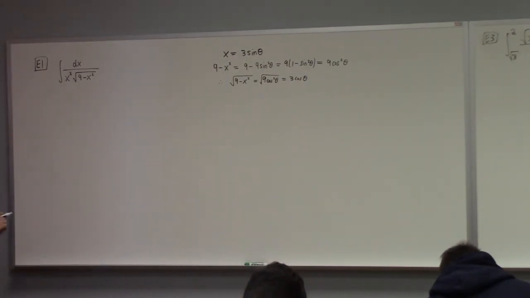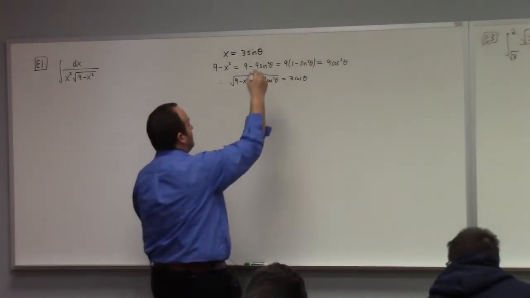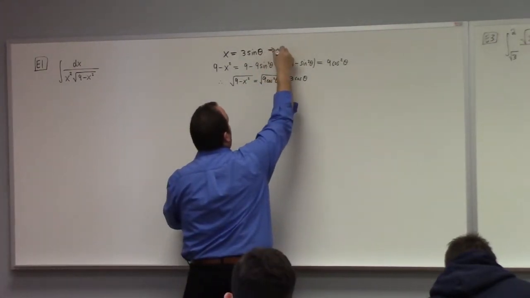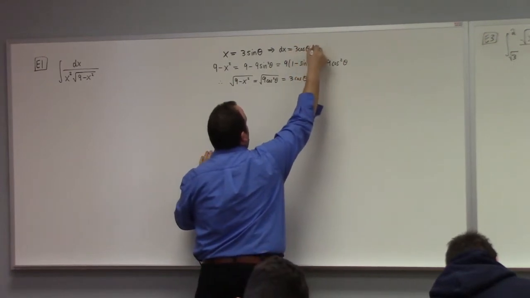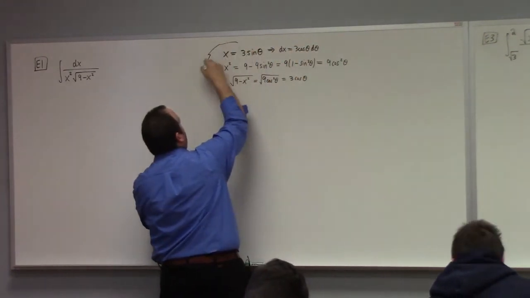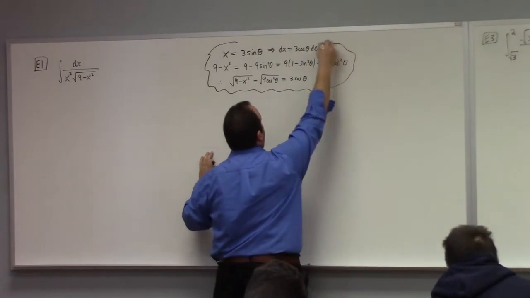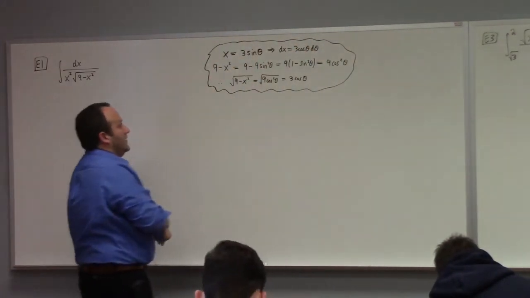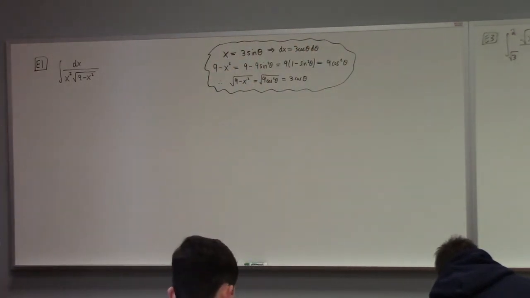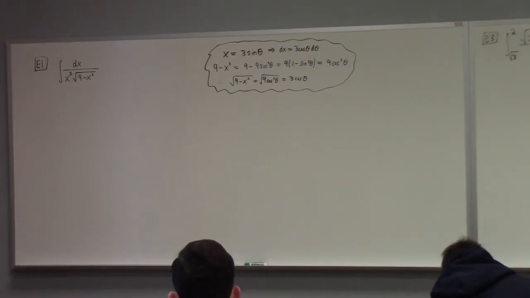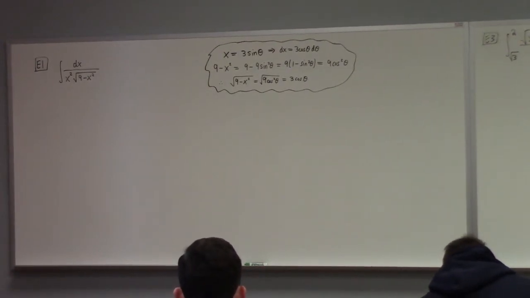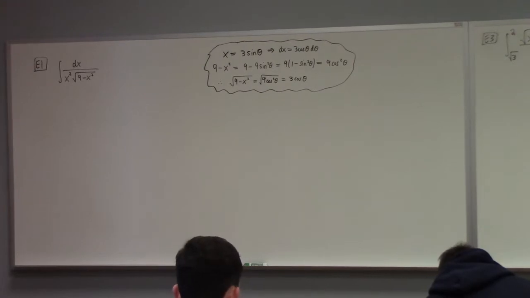And then how about dx? Looks like 3 cosine theta d theta, yeah? Now, one thing that you might worry about that we haven't worried about is when I take the square root of 9 cosine squared theta, it should be positive, or non-negative, right?